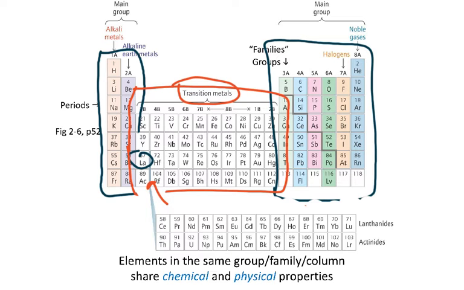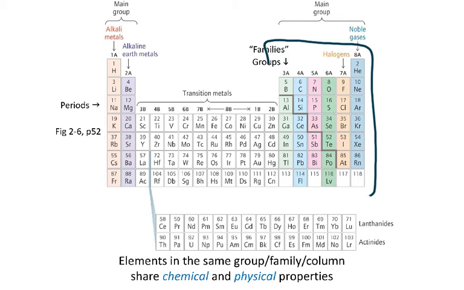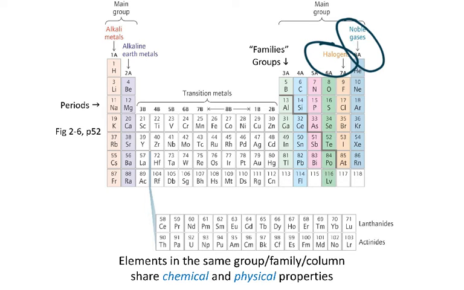Some of the main groups or columns have special names, and we can see those above the columns here. So we have column 1A as the alkali metals, 2A is the alkaline earth metals, and then 7A and 8A have names as halogens and noble gases. 3 through 6 do not have special names.